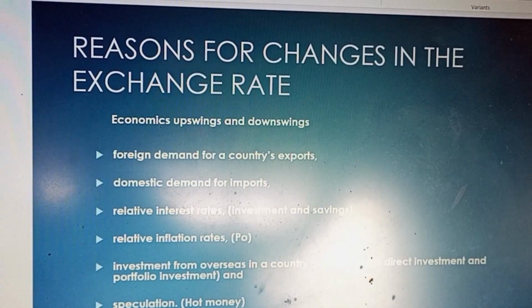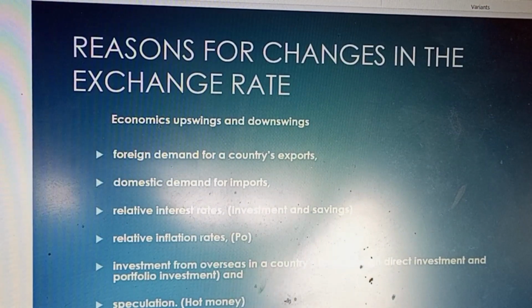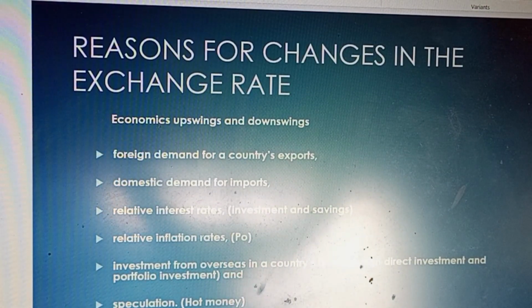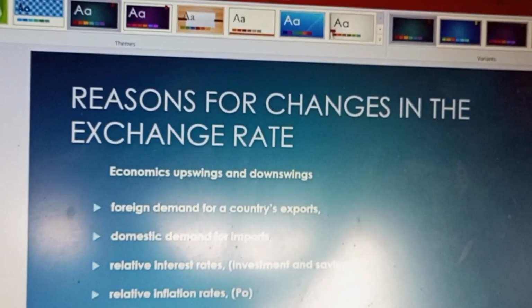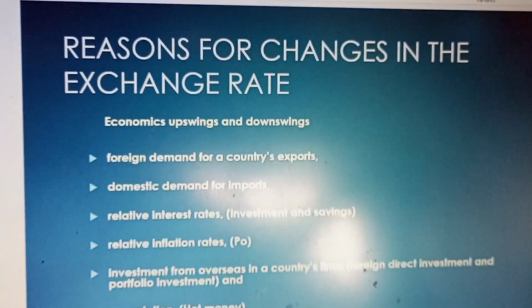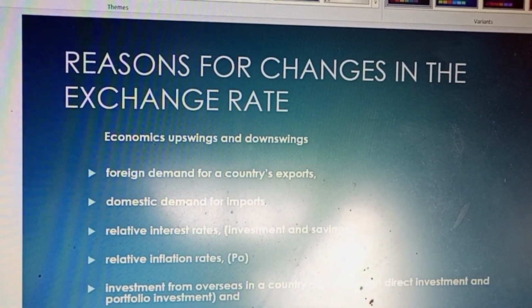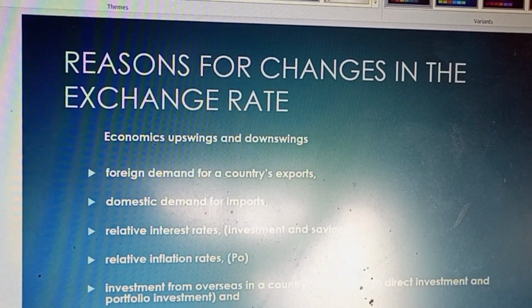So the investments we make are affected by the interest rate. Sorry for that, my leg just hit the camera. Now this affects the changes in the exchange rate of a country.